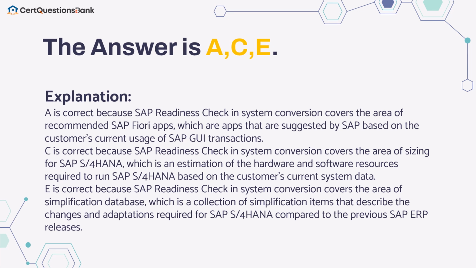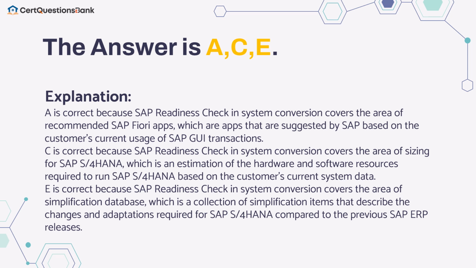A is correct because SAP Readiness Check in System Conversion covers the area of recommended SAP Fiori apps, which are apps that are suggested by SAP based on the customer's current usage of SAP GUI transactions. C is correct because it covers the area of sizing for SAP S/4HANA, which is an estimation of the hardware and software resources required to run SAP S/4HANA based on the customer's current system data.